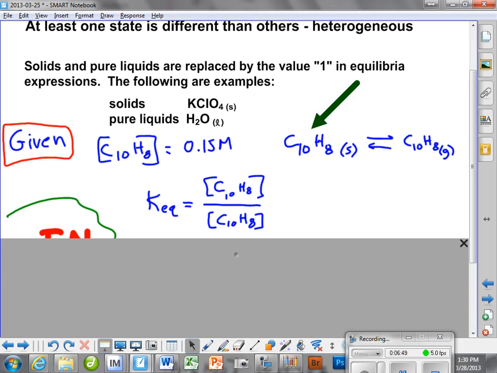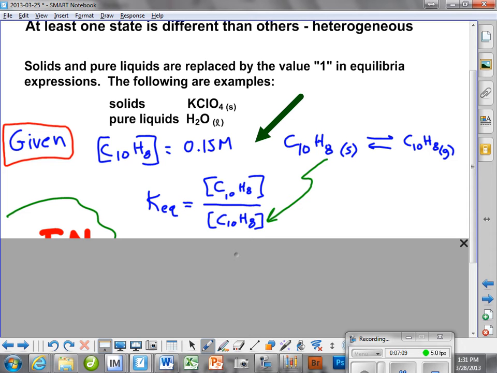Reactants are on the bottom in K equilibrium, so this guy is a reactant and he's the one down here.